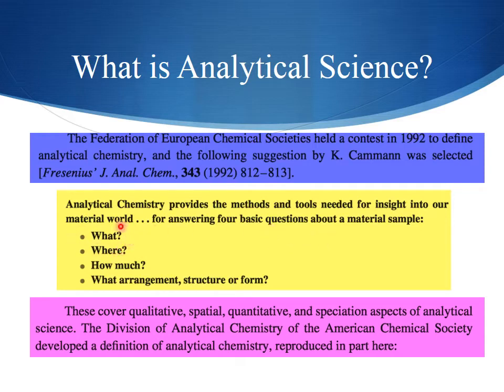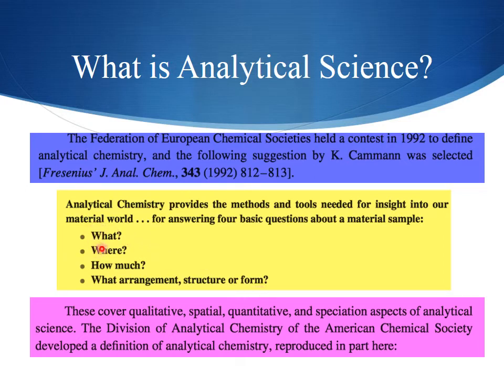What, that is, what type of elements are present within a compound; where, from where these compounds or elements are extracted; how much, what is the quantity of elements present in this specific compound; and then in more advanced work we can determine the arrangements of atoms present in a compound, and then we can also deduce its structure, or the form of this compound.